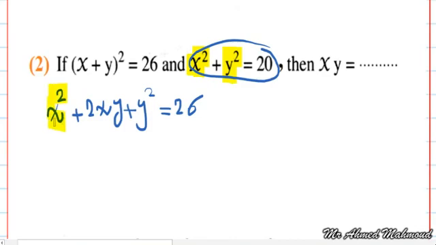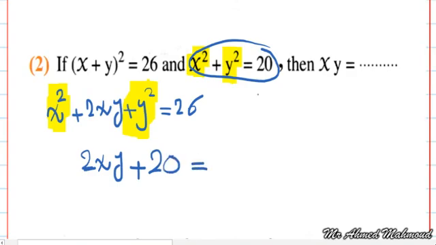Then here we have x² and y². Then I'm going to replace x² plus y² from here by 20. Okay, then the next step, I will write 2xy, and instead of x² plus y², I'm going to write plus 20, because it's positive.